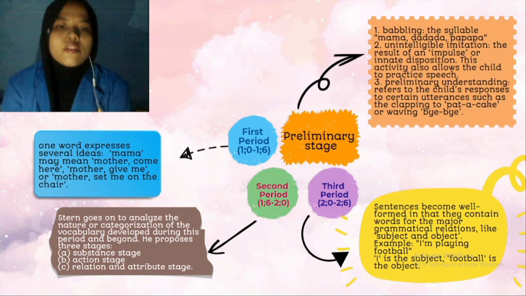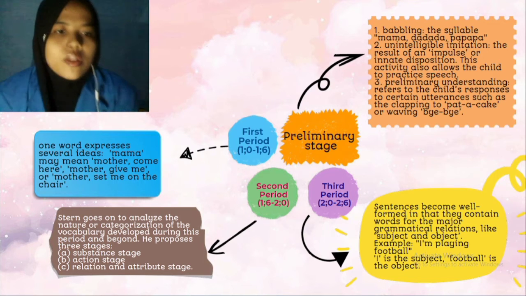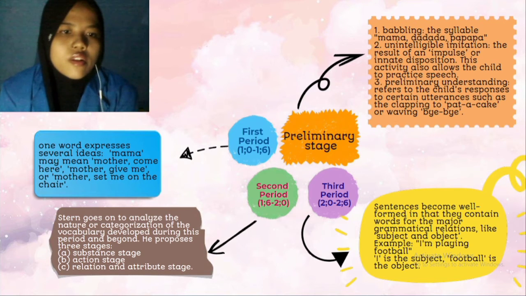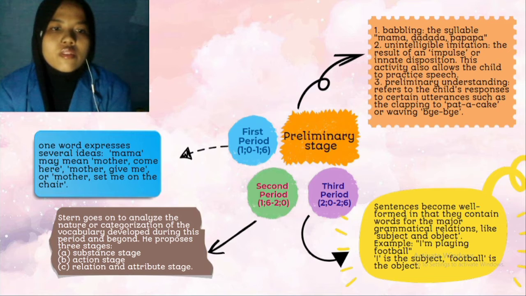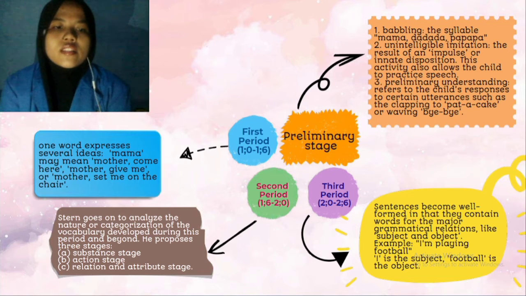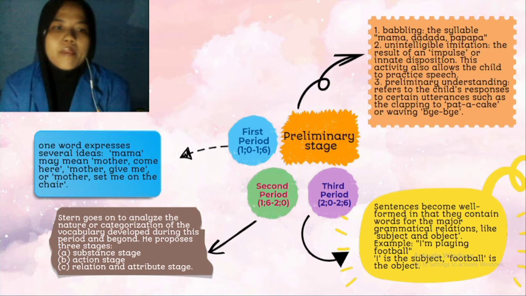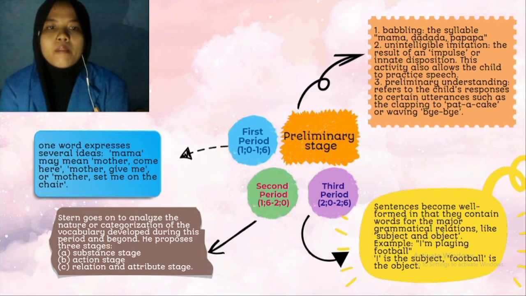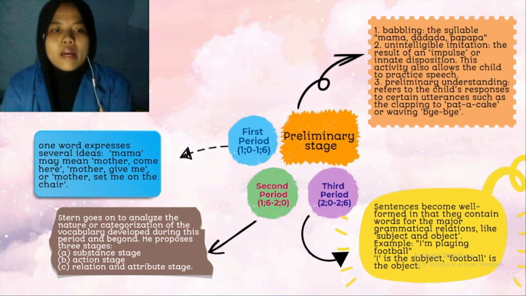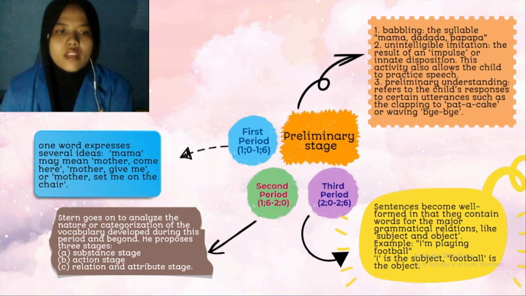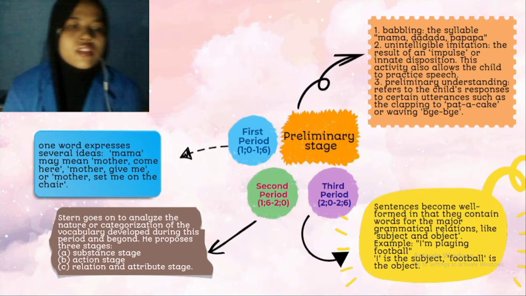The next is the first period, where one word expresses several ideas, like the word mama. In other words, mama is only one word, but it has several ideas and meanings. Mama may mean mother, come here, or mama means mother, give me something, or mama means mother, set me on the chair.